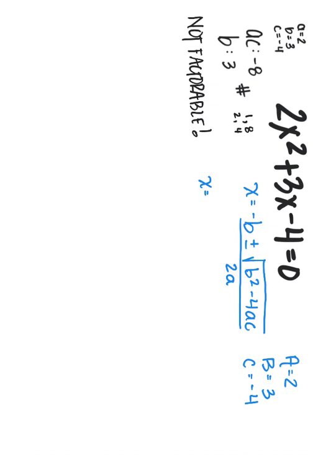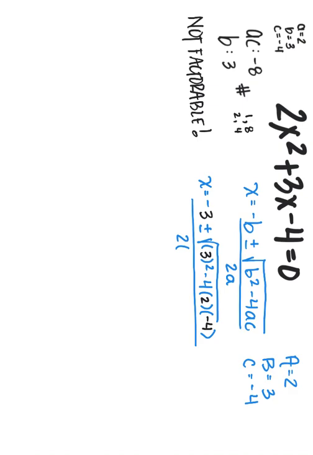So we have x equals negative, and our b value is 3, plus or minus the big square root, remember those parentheses, and b squared. So b again is 3, and we're going to close them and square it, minus 4, and our a value is 2, and our c value is negative 4. And that's all over 2 times our a value, which again is 2.